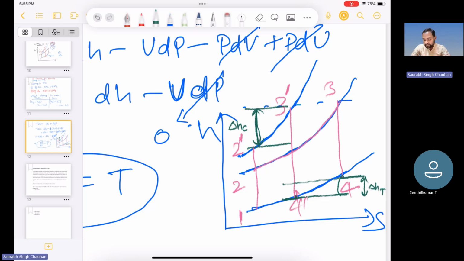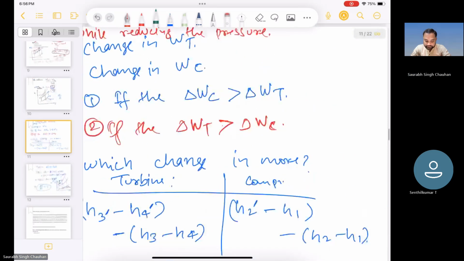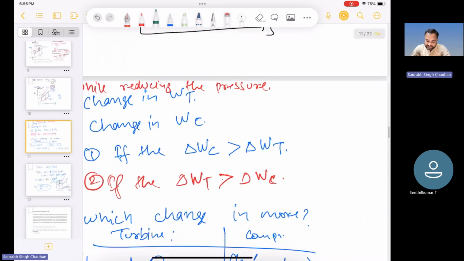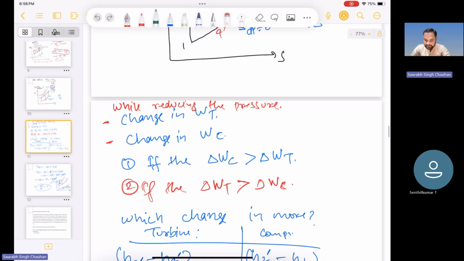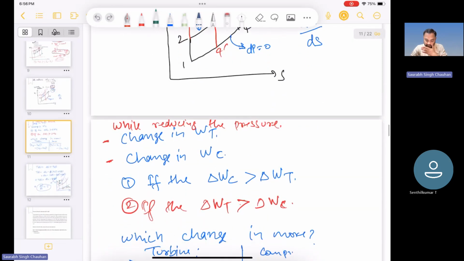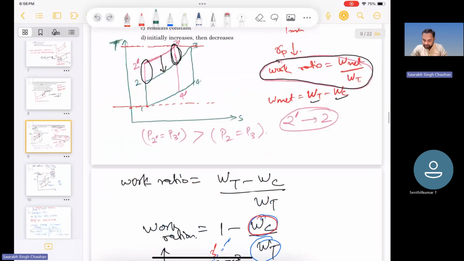So using that concept, we draw these HS curves. And after drawing these curves, we just compared the change in compressor work input and the change in turbine work output. So it is clearly here from this diagram, you can clearly see that change in compressor work is more and change in turbine work is less. So that is what we discussed just here.